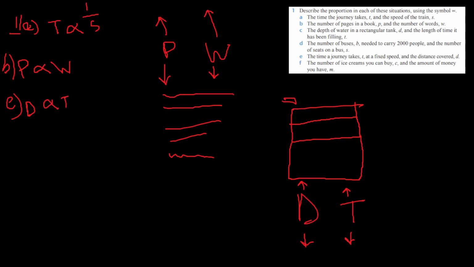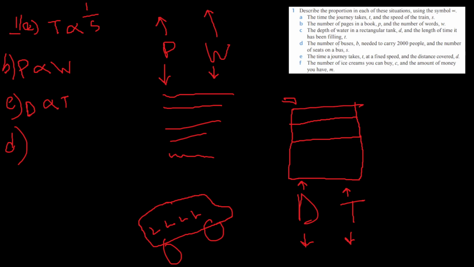And let's do number D. Number D is the number of buses needed to carry 2,000 people and the number of seats. So let's draw a bus here. Sorry about my terrible diagram. So let's say there's seats in this.